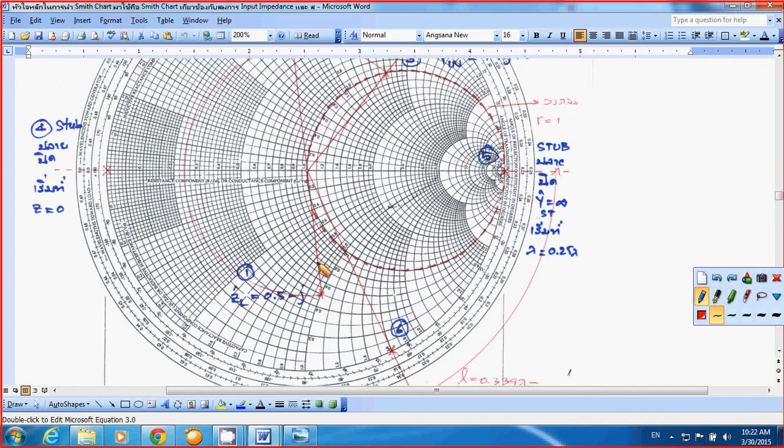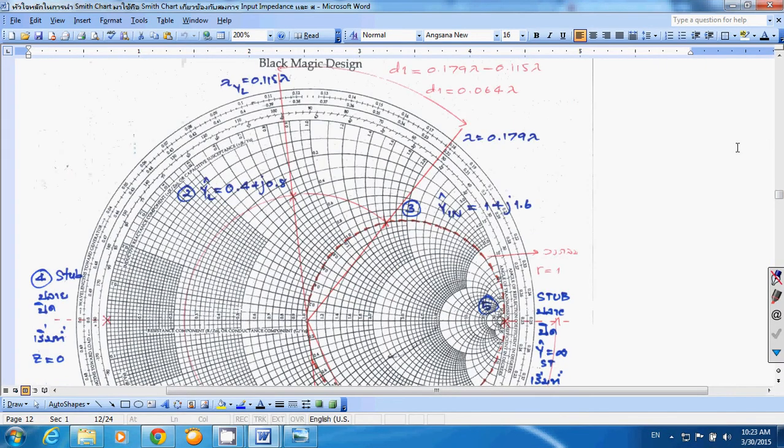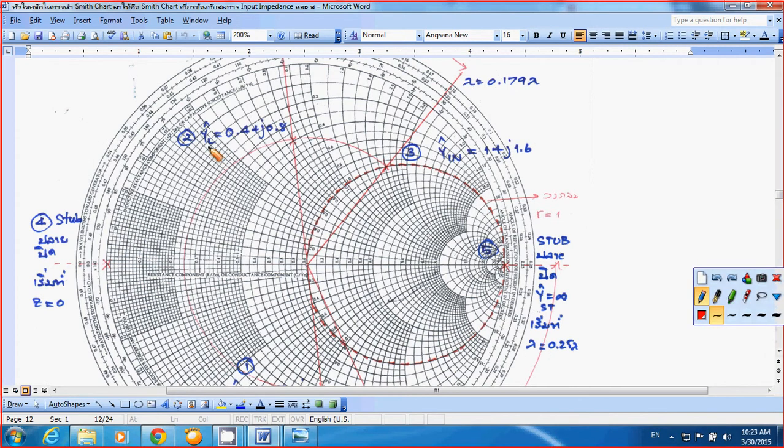Let's make this point and find a new one, which is going to be 180 degrees out of phase of this point. And then you have this one, step number 2. You have YL equal to 0.4 plus j0.8. This is 180 degrees out of phase. Okay.